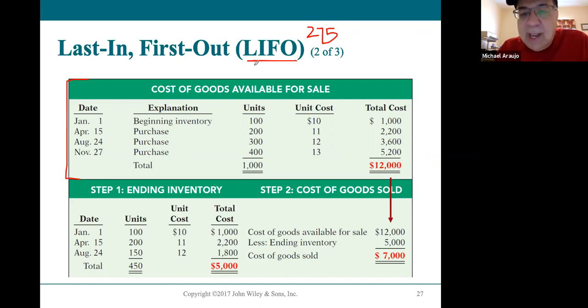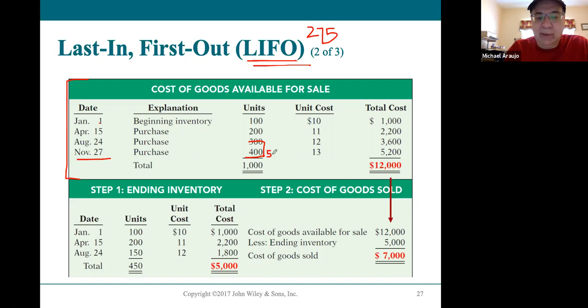So remember, in the LIFO perspective, the last ones on the list, so these from November, are the first ones we sell. Okay. And so we sold 550 of these things, and we kept 450. So obviously, we sold all of the November purchase, and we sold half of the August purchase, because half of this is 150 plus the 400.